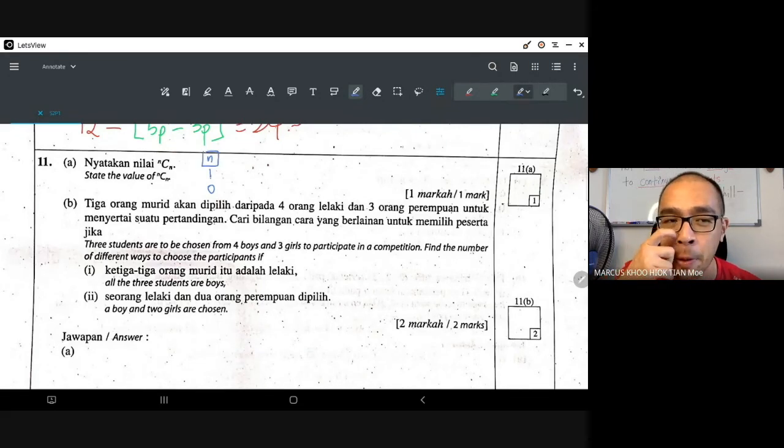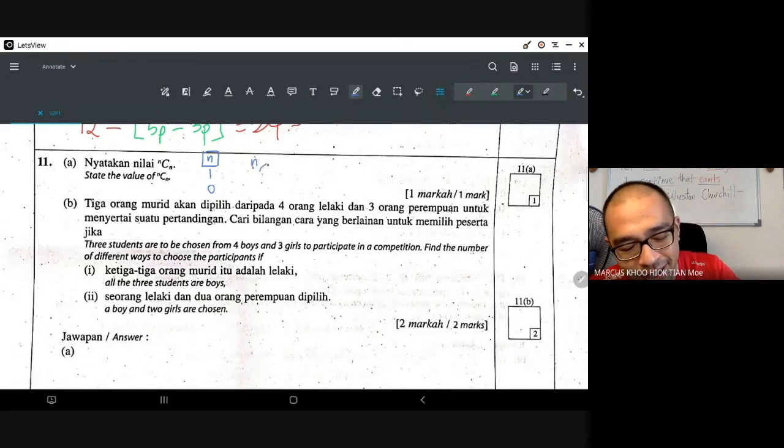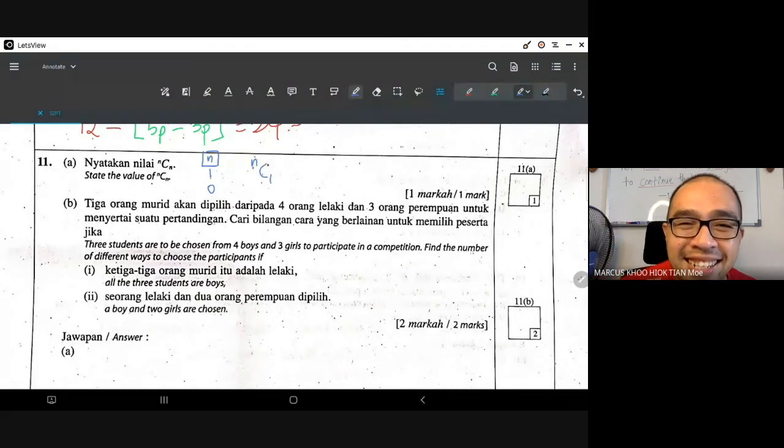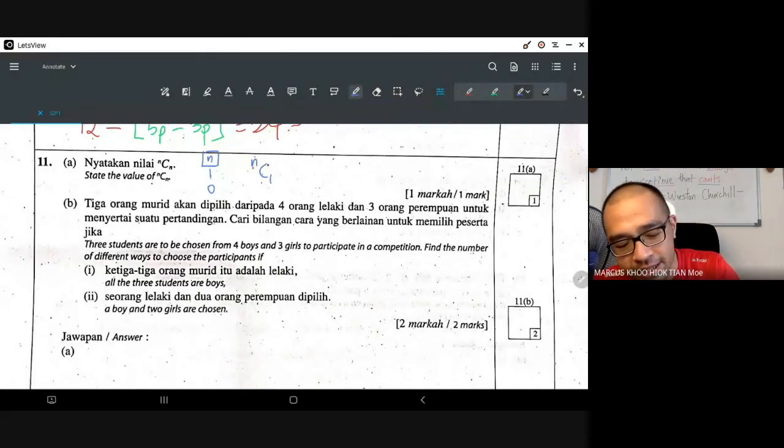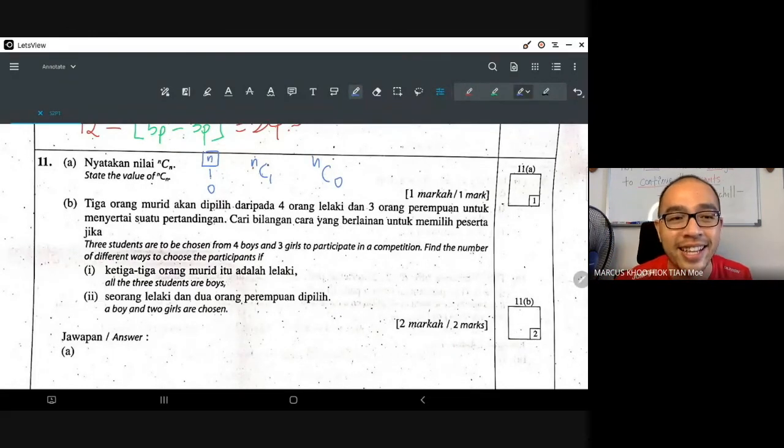It's pretty amazing. It seems like a gut reaction. And after that nC1: is it n, is it 1, is it 0? And then another one is nC0. Is it n, is it 1, is it 0?